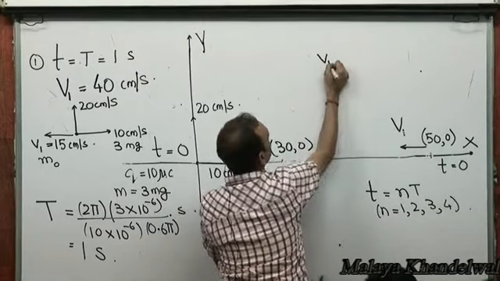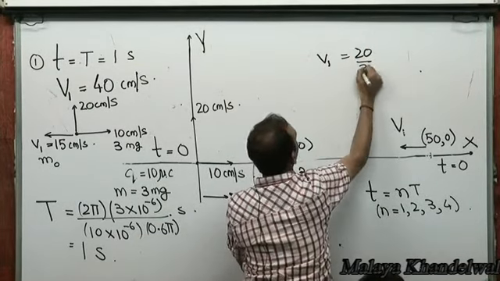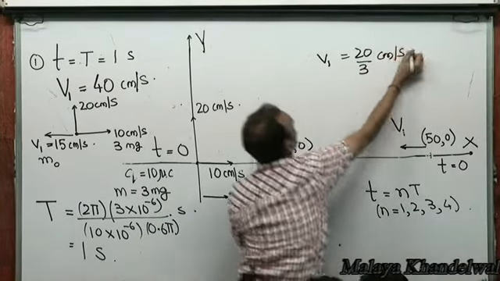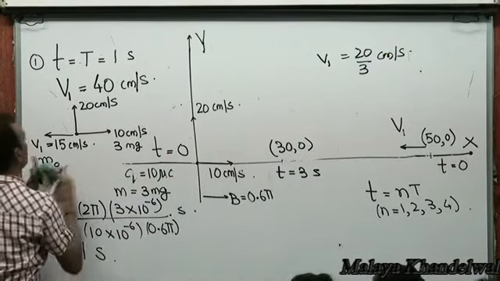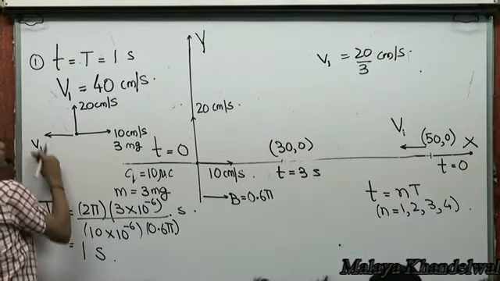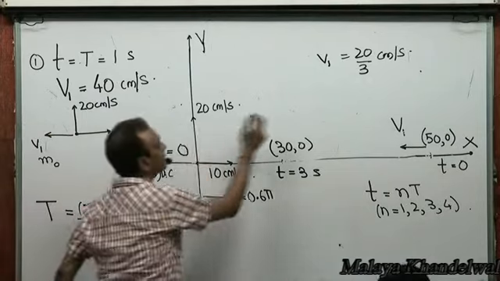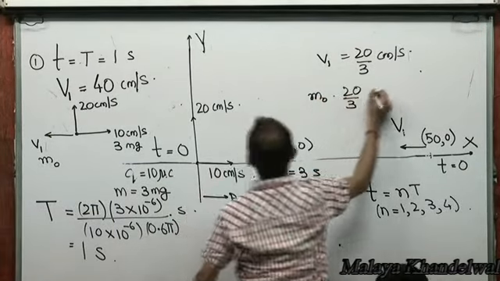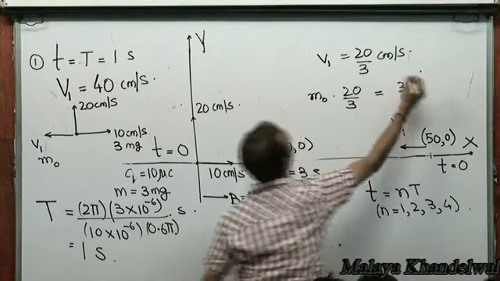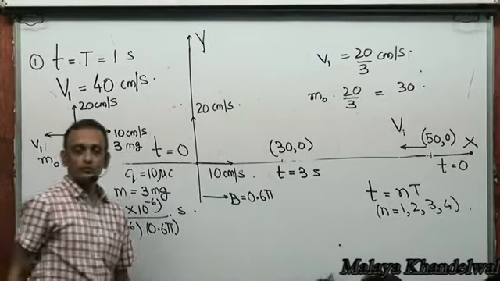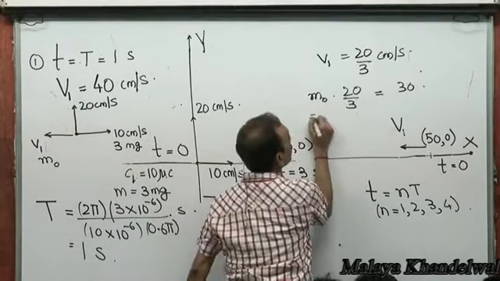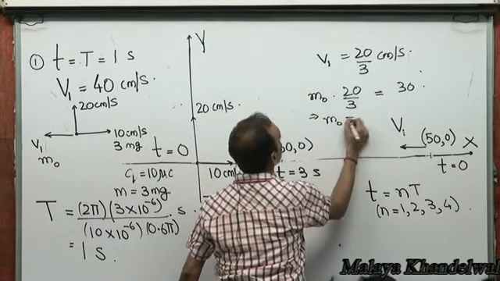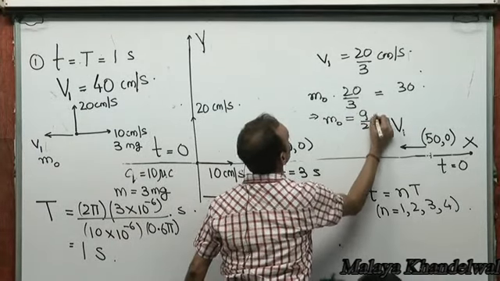So V1 would have been 20 by 3 centimeters per second. So m0 into V1 must be 30 then. m0 into 20 by 3 must be 30. m0 is 9 by 2 milligrams.